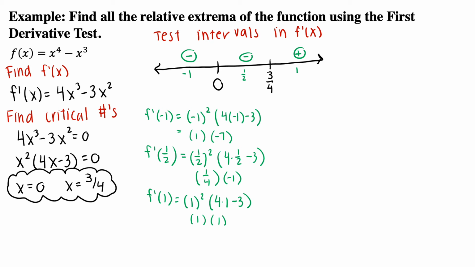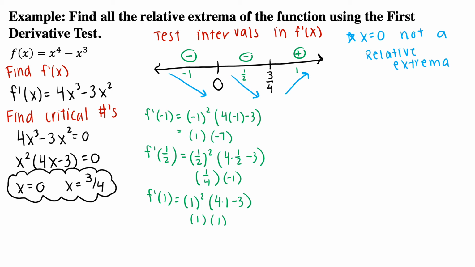Now, yesterday we were identifying our intervals of increasing and decreasing. At this point, we're actually not going to list them out. What we want to look at is, is there a change in sign at our critical numbers? So what's happening is we would be decreasing on our first interval and decreasing again on our second interval. So at x equals 0, since we didn't have a change in sign, we do not have a relative extrema.